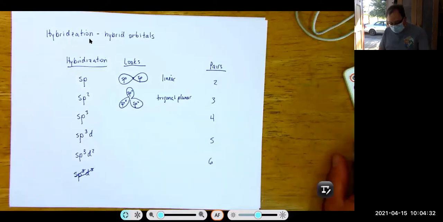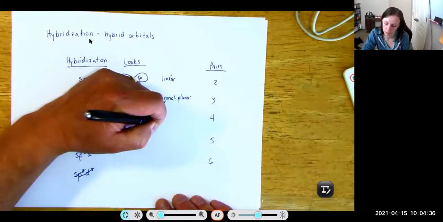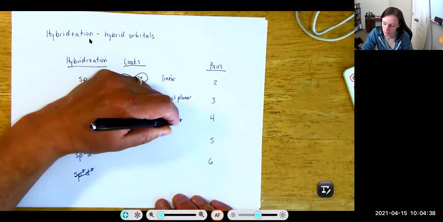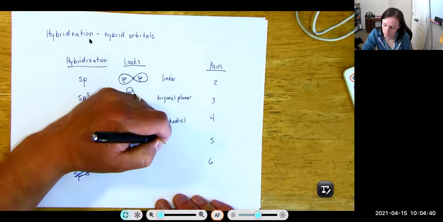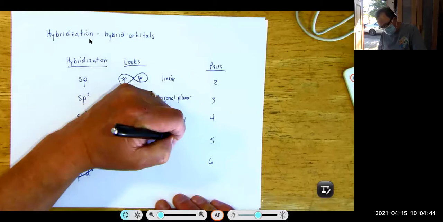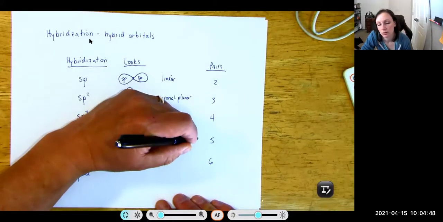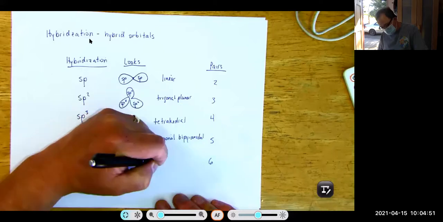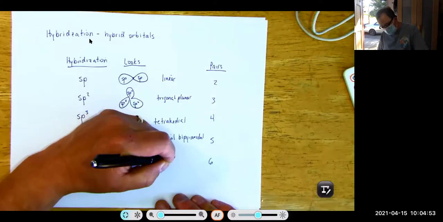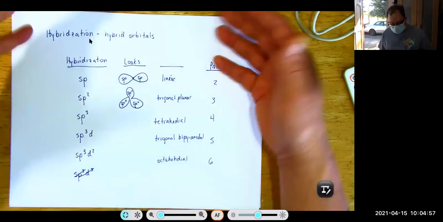So without drawing the rest of these, what do you think this one is? It's tetrahedral, right? Yeah. And this one is trigonal planar or trigonal bipyramidal. And then octahedral. And octahedral. So that's the way the hybrid orbitals look.